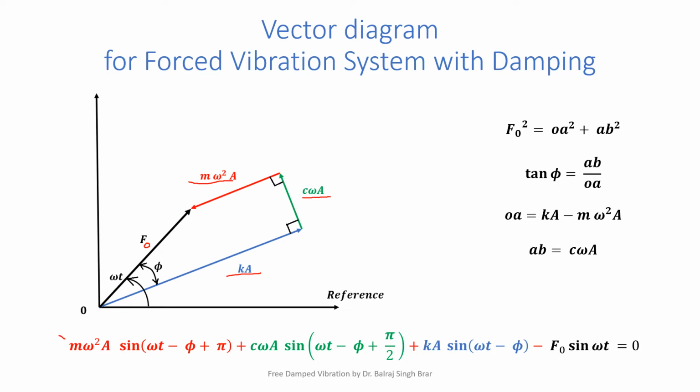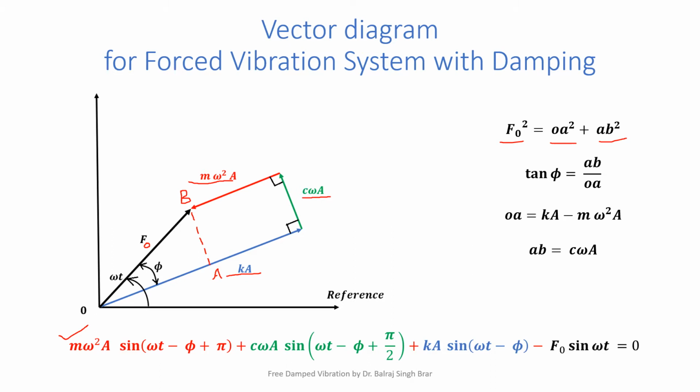As per this equation, we have drawn the four vectors, and from this we can construct a geometry like this. From this geometry, from triangle OAB, we can find tan phi as AB by OA, as well as F naught square, which is OA square plus AB square.